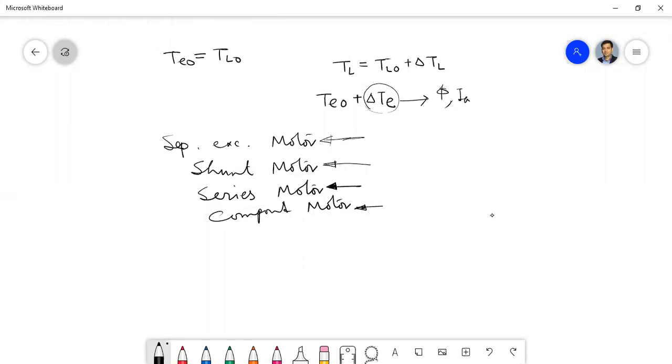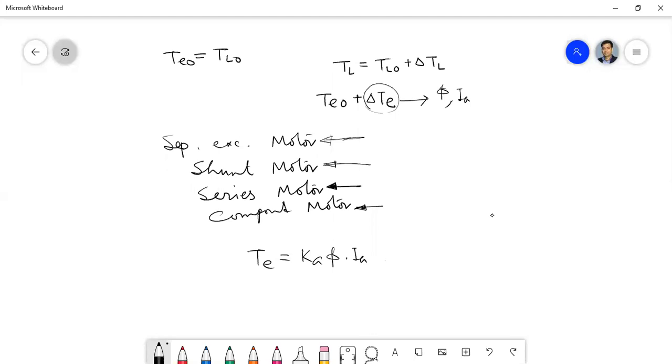One more thing I should mention here is the speed torque characteristics, which is very important. You have seen the expression of torque, that is Te equals Ka into phi into Ia. So this is the expression of torque.